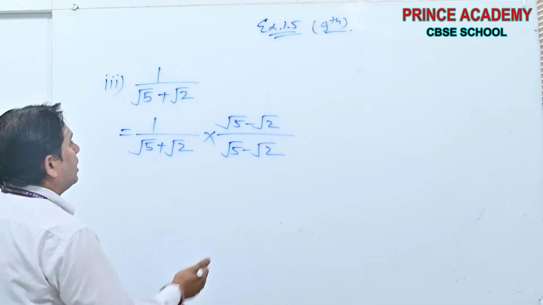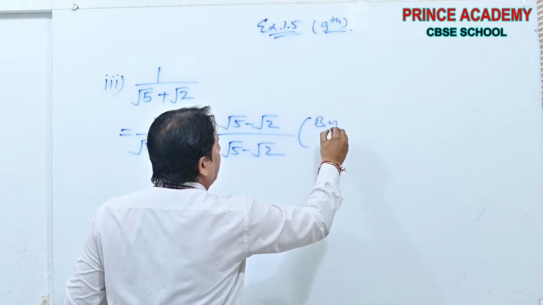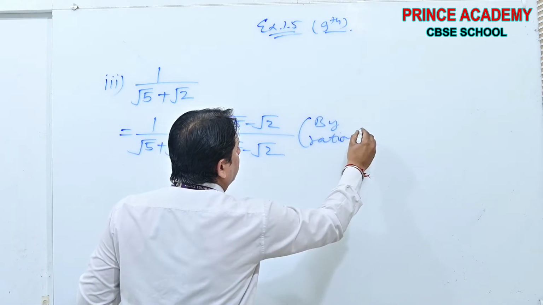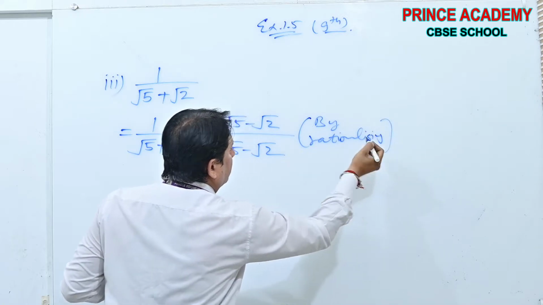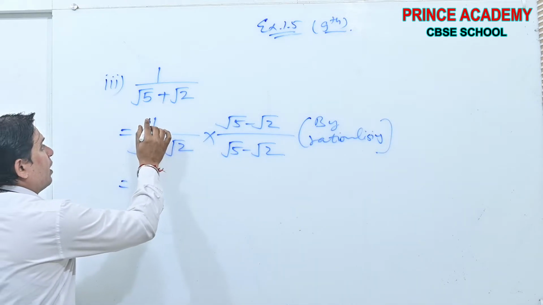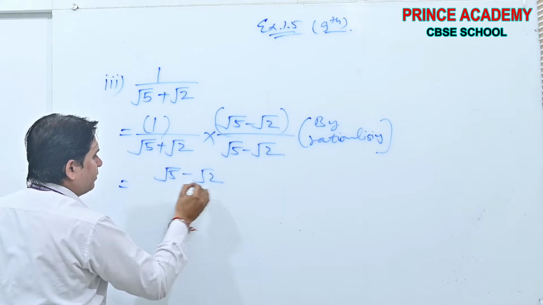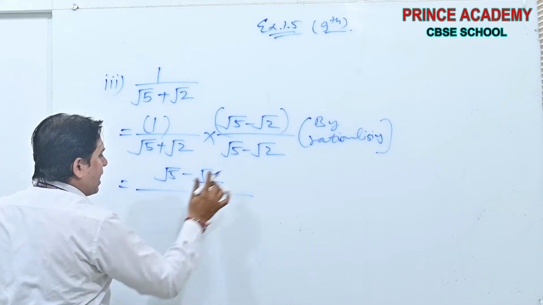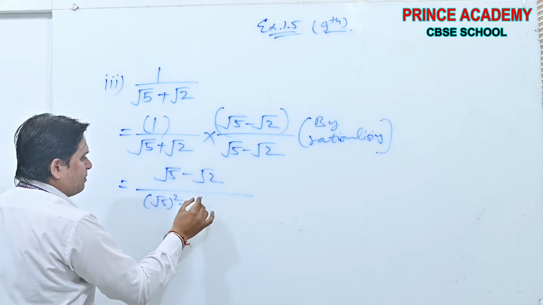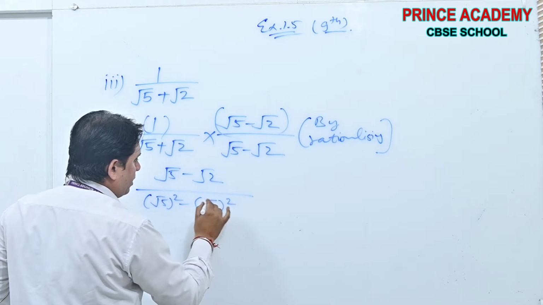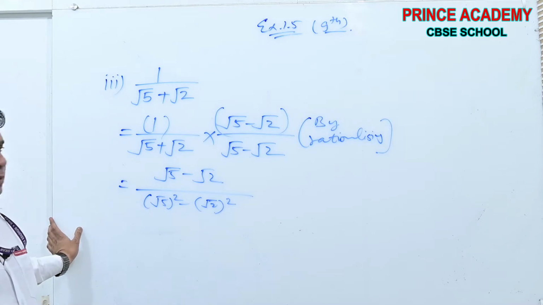Okay, now see. Here you can write by rationalizing. 1 into this whole will remain the same. a plus b, a minus b gives a square minus b square.